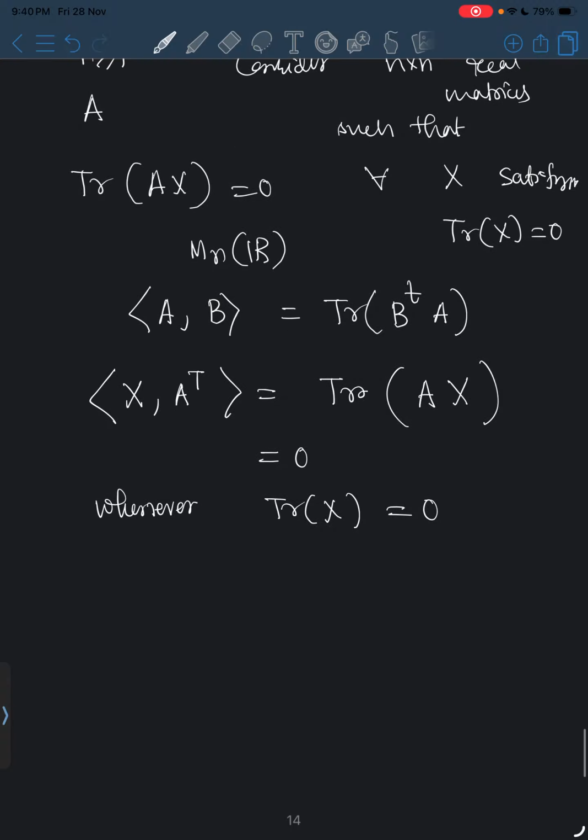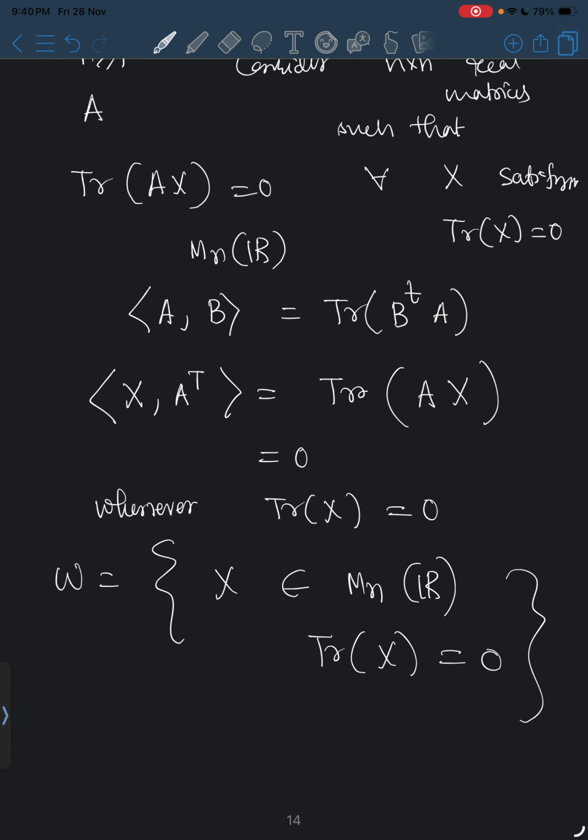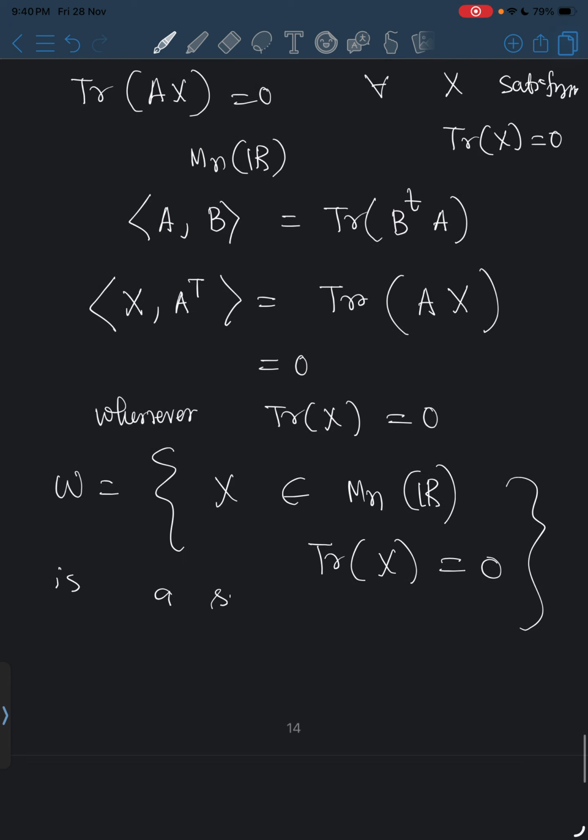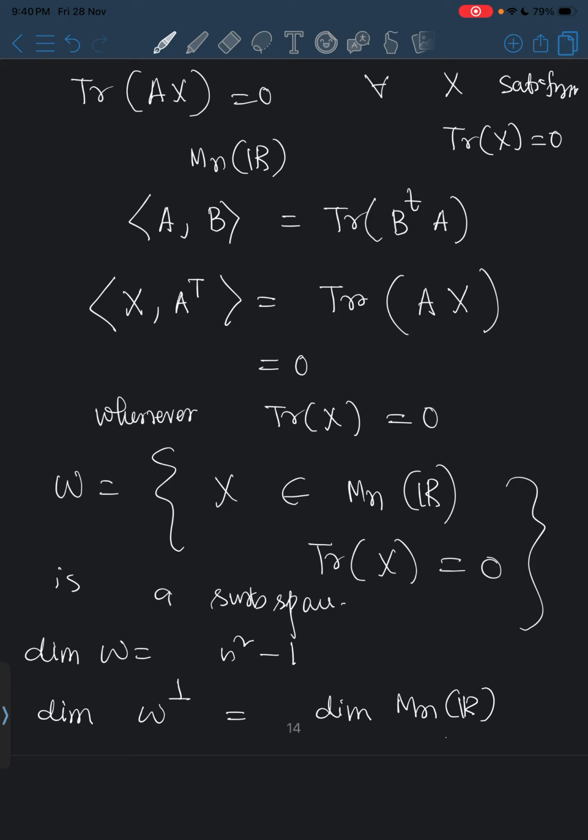Right? So now let's take W, the set of X inside M_n(R) such that trace of X is 0. This is a subspace, right? What is the dimension of W? This is n square minus 1, right? So then what will be the dimension of W perp? This dimension must be the dimension of M_n(R) minus the dimension of W. So this must be 1.